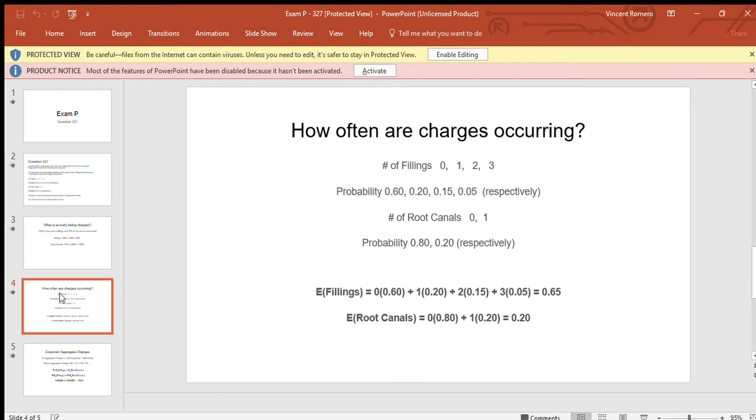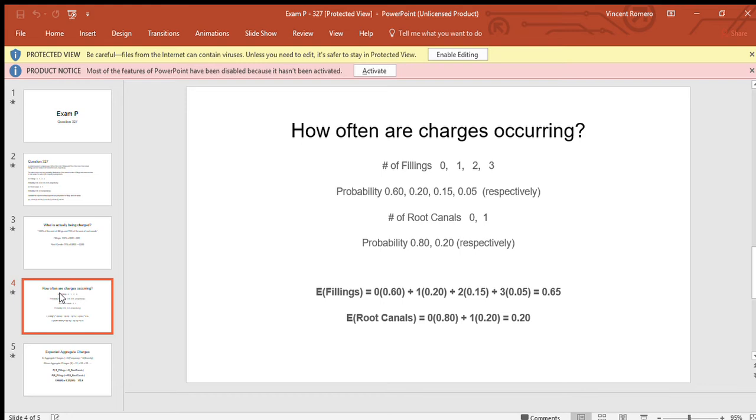So the expected fillings would be 0 times 0.60 plus 1 times 0.20, etc. And the same rule applies for root canals. You can see we get an expected filling rate of 0.65 and an expected root canal rate of 0.20.